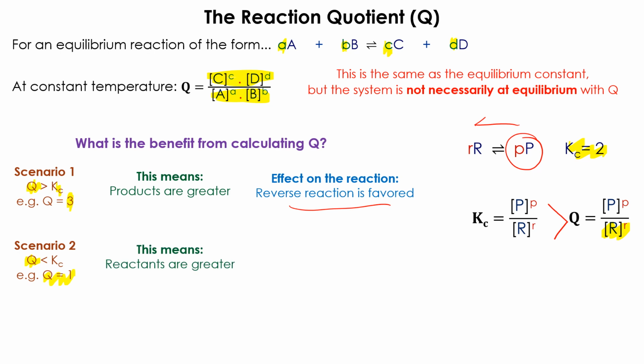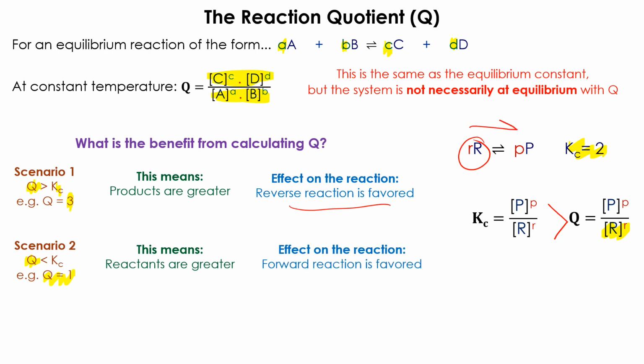So what is the effect on the reaction if we have a greater concentration of reactants? The reaction, of course, should shift to the right. For that reason, the forward reaction is favored.